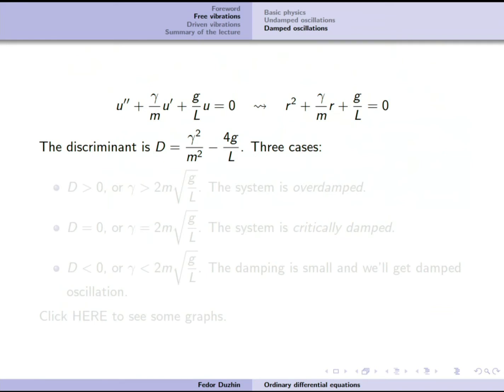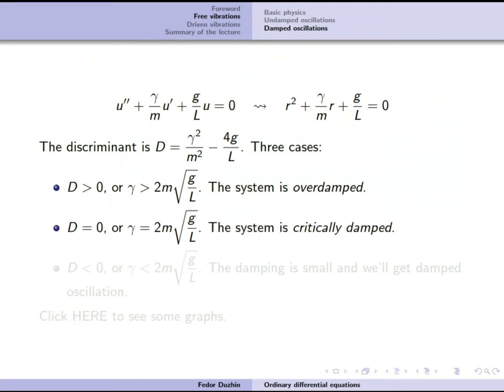Okay, so here is the discriminant of the characteristic equation, and essentially there are three cases. If the discriminant is positive, there are two distinct real roots of the characteristic equation, right? And in this case, we say that the system is overdamped. If the discriminant is 0, then we have one repeated root, so the system is critically damped.